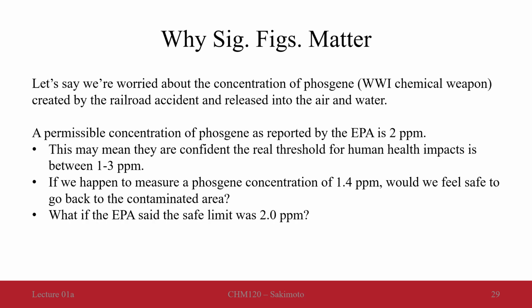It would be a different story if the EPA said that the safe limit was 2.0 ppm, representing a different level of precision, maybe meaning it's between 1.9 to 2.1 ppm, parts per million, of which 1.4 is certainly below that more precise critical concentration.